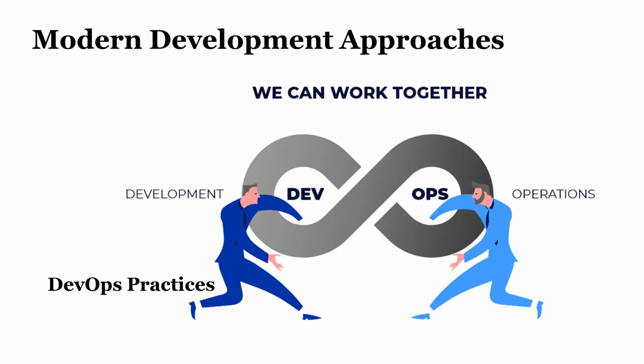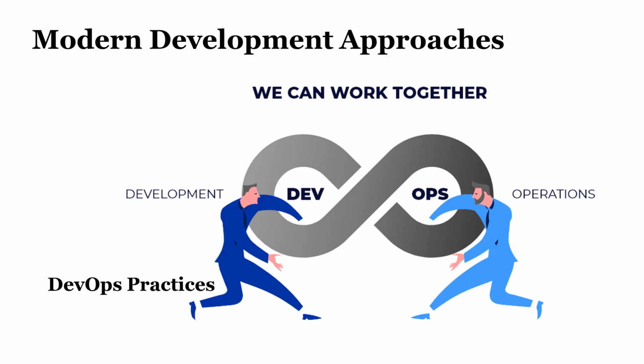DevOps practices represent a cultural and technical movement that aims to bridge the gap between software development and IT operations, promoting collaboration, automation, and continuous delivery across the entire software development lifecycle. DevOps emphasizes shared responsibilities, streamlined workflows, and feedback loops to accelerate software development, improve system reliability, and enhance overall organizational performance.